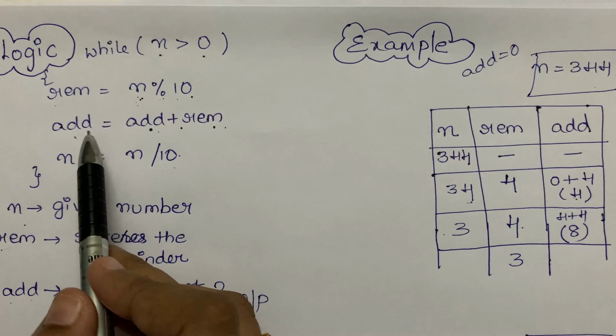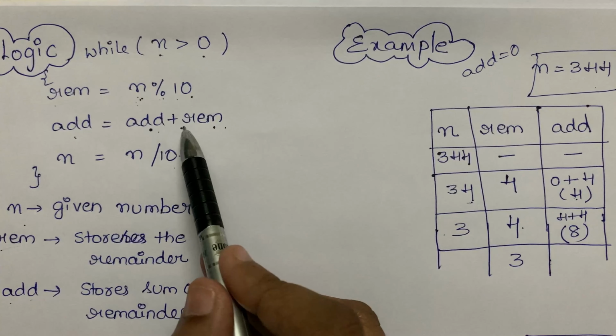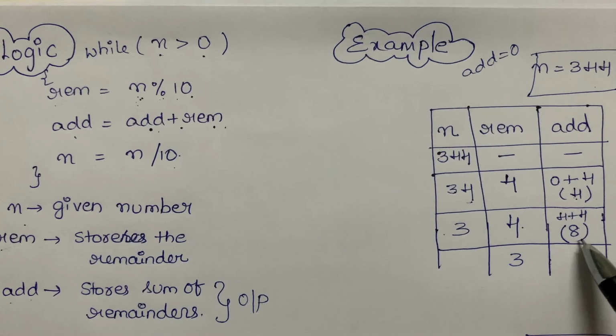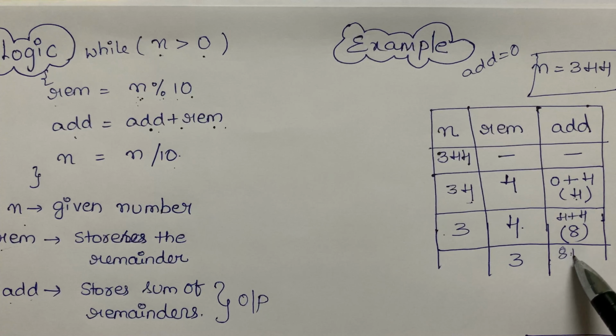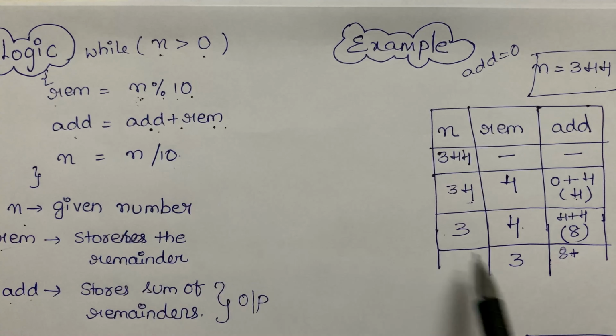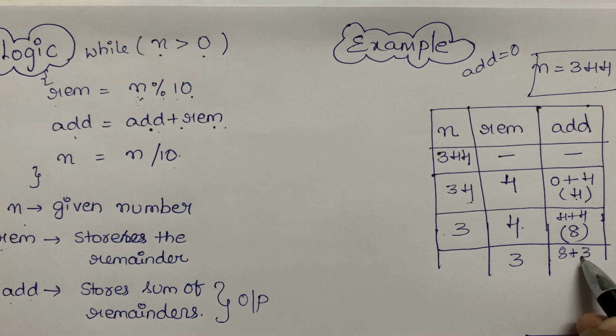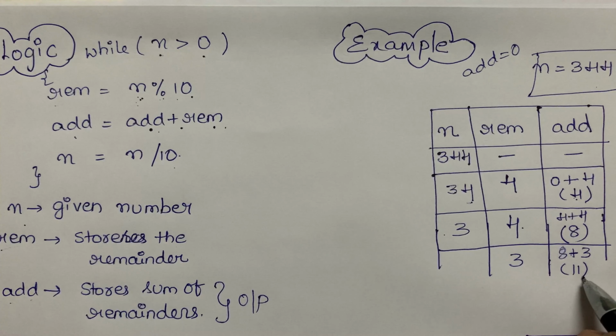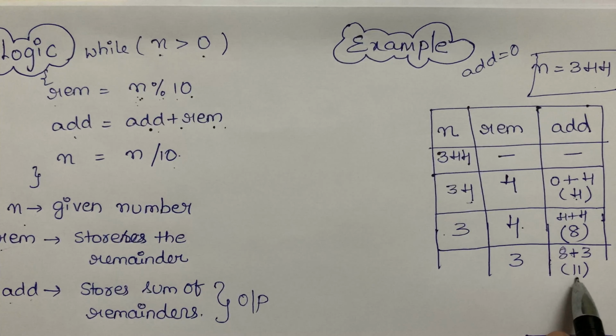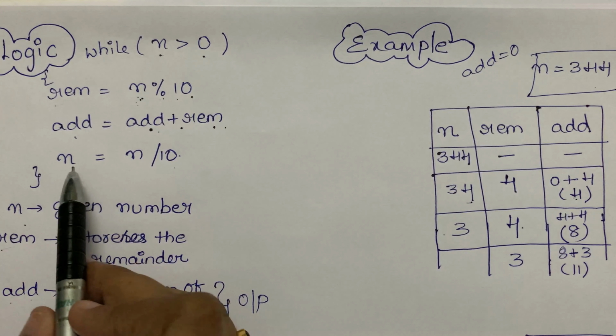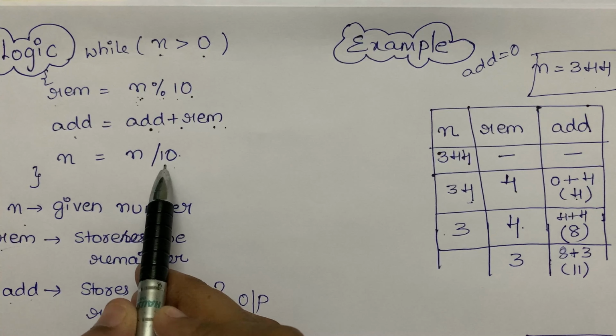Next statement is add is equal to add plus REM. The previous value of add is 8. 8 plus REM, which is 3, so the answer will be 11. ADD stores 11.